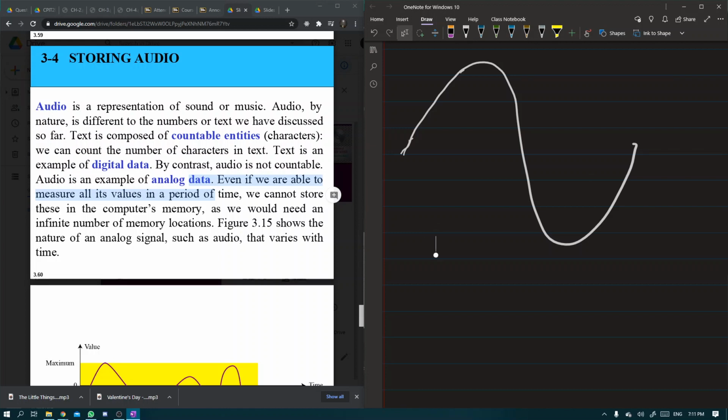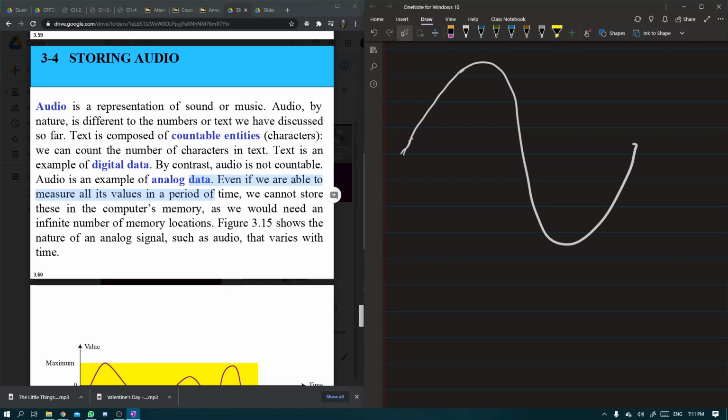Also, with a speaker, the wave is just that plate going forward and backward, and the air being compressed and uncompressed. I forget the word, but basically, audio is represented as a wave.